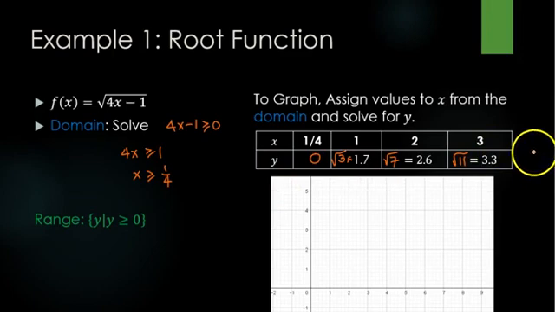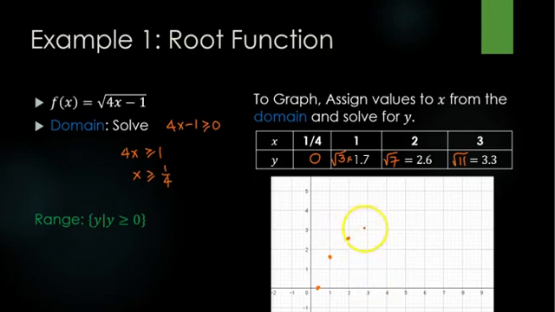Since our x will go to positive infinity, the y value will also go to positive infinity. So to graph this, since we are starting from 1/4 and going all the way to positive infinity, it's half of a parabola opening to the right. So you have the point 1/4 and 0. We have 1 and 1.7. And then we have 2 and 2.6.